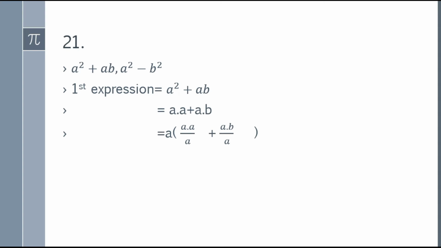Just think of it, pause it, then try to see if your answer is similar to mine. Okay, so after that, what we get, a by a, the remainder is a, and what will be the ab by a? The remainder will be b. So that's all from the first expression.